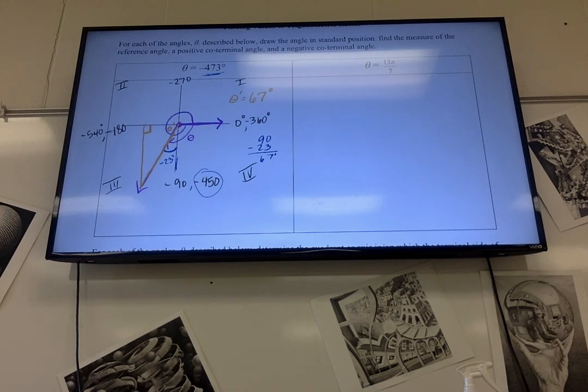If it's in degrees, all you've got to do is add and subtract 360 until you get a positive number or a negative number. So, for example, it's negative 473. If I add 360 to that, I get negative 113 degrees. That is a negative coterminal angle.